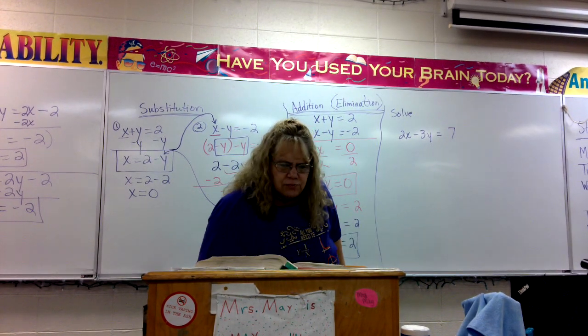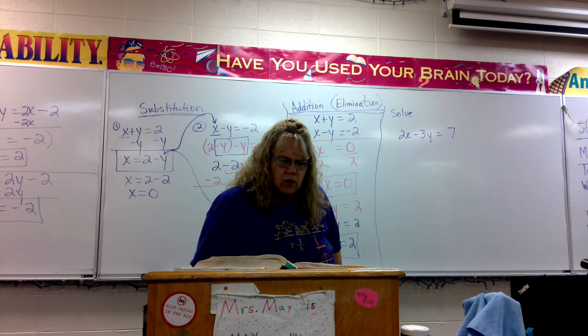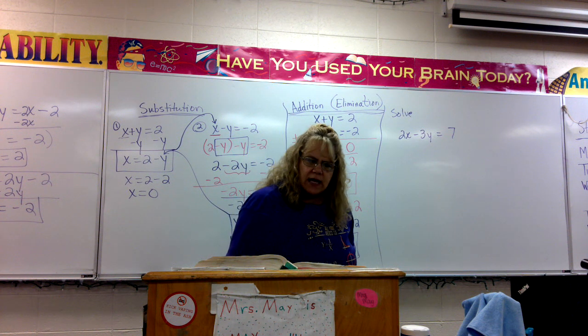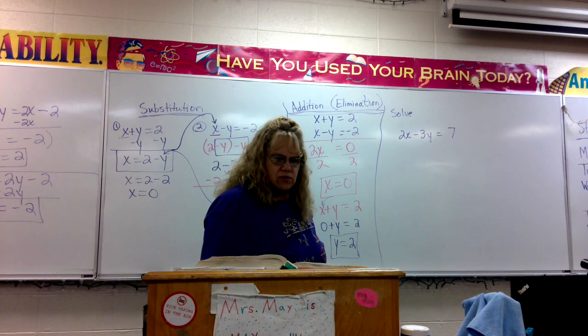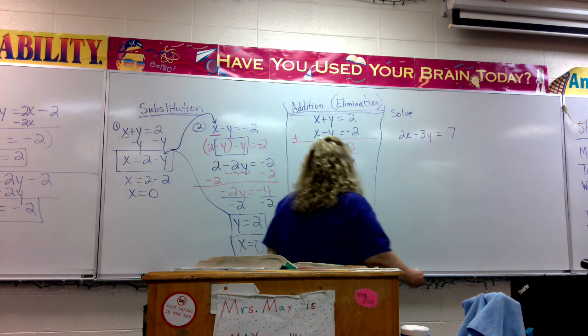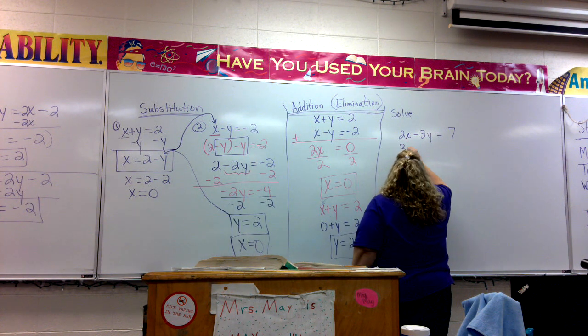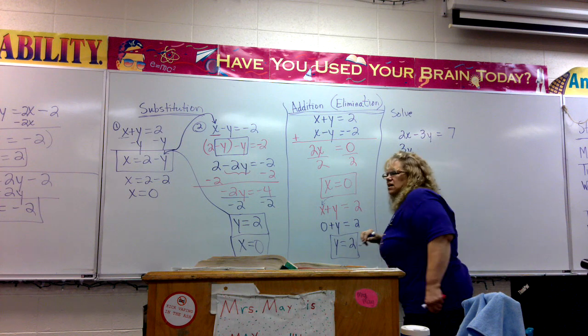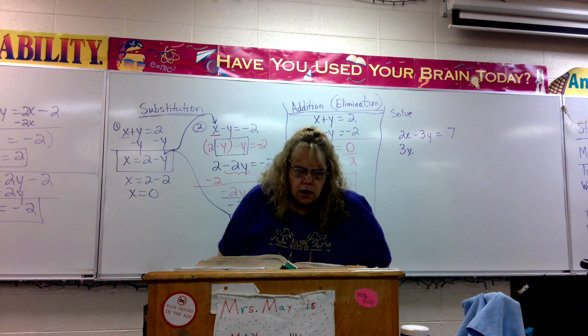And 3x, oh, I don't want to do that one. Equals 3. How about this one? Oh, how about this one? No. I guess I'll use this one. I don't think that's right. Plus y equals 5.